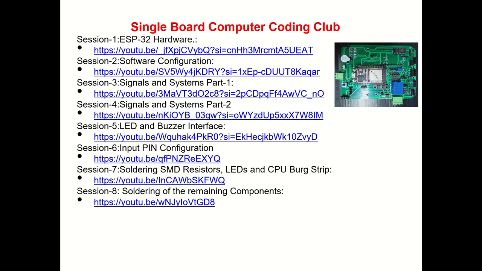That's how we have designed our own single board computer. You are not supposed to use Raspberry Pi boards or Arduino boards. They are general purpose. But here, if you want to change the CPU, we can change the CPU. If you want to change the peripherals, we can change the peripherals. If you want to altogether design a different PCB, we will support you to design your own single board computer.